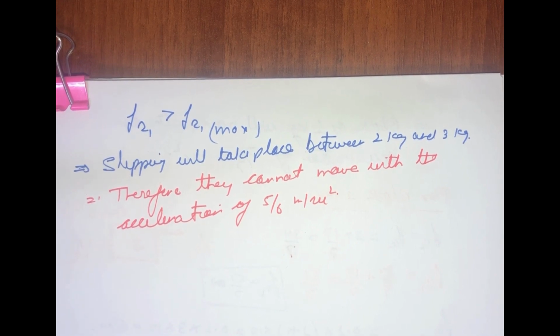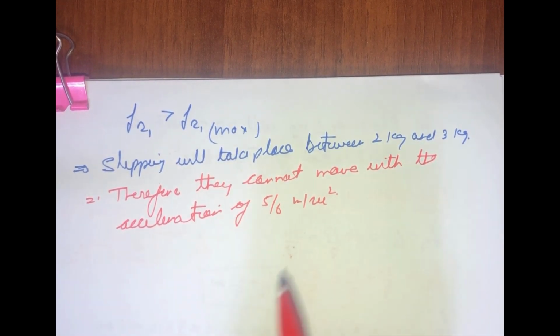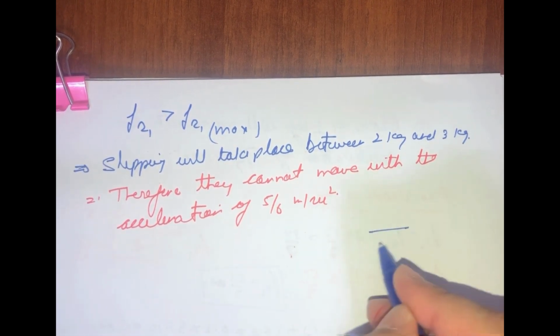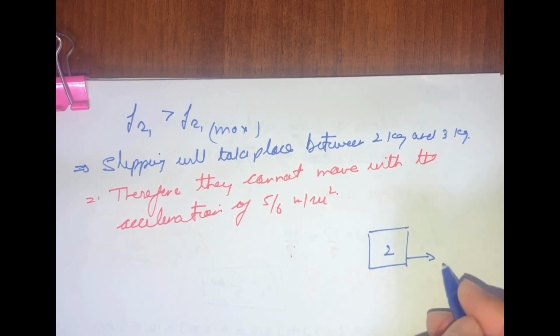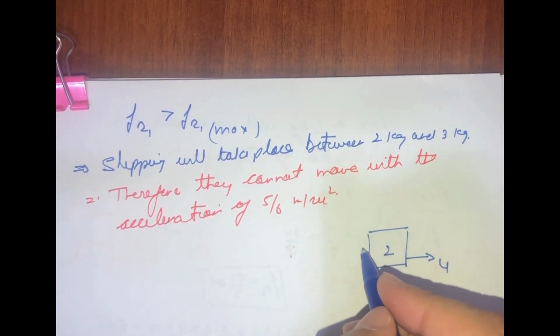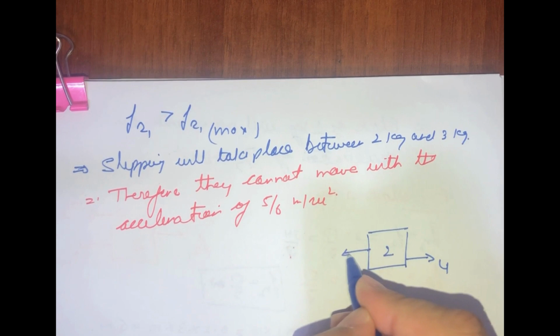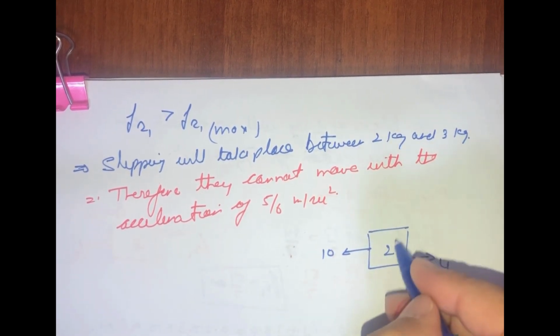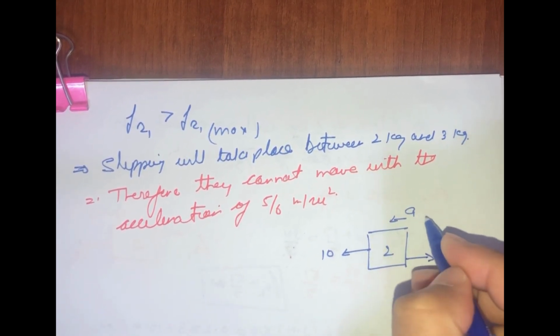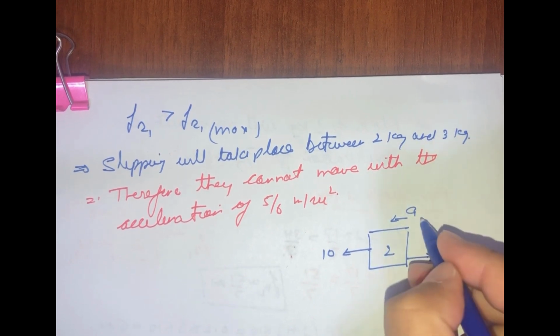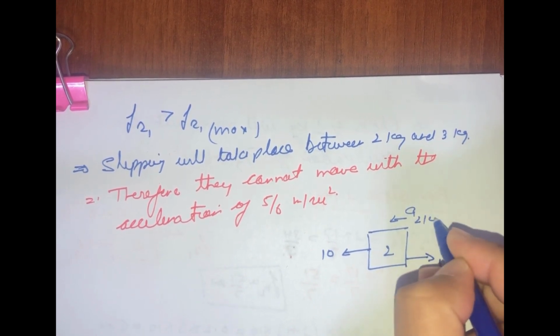Therefore, let us solve it again. This is about the 2 kg. Now the force that is available is only 4 Newton and the applied force is 10 Newton. Let us suppose it is traveling with acceleration A of 2 kg.